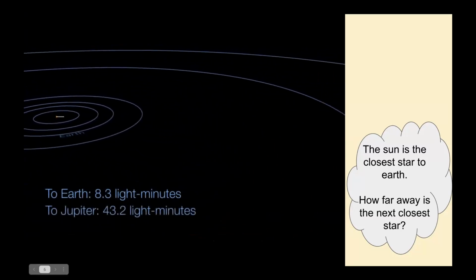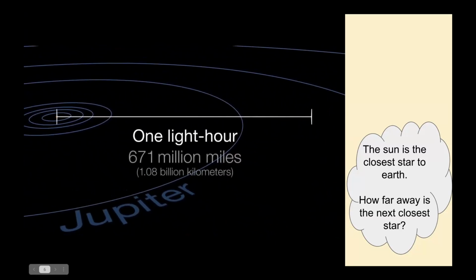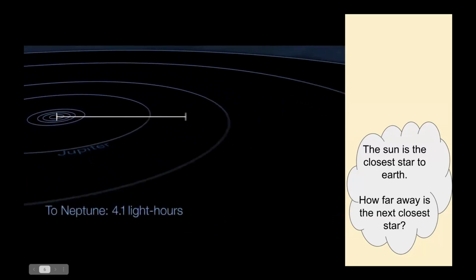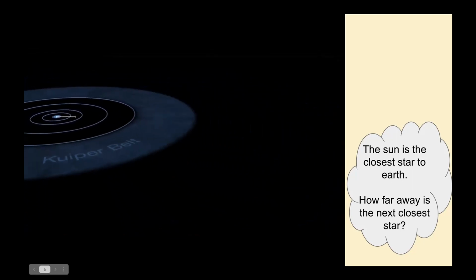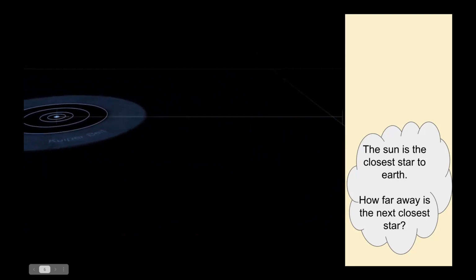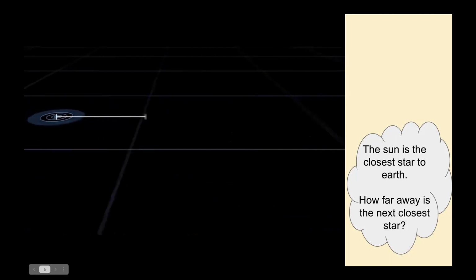So again, make note that the sun is 8.3 light minutes away from the Earth. So notice we haven't come across any stars yet, any other stars.